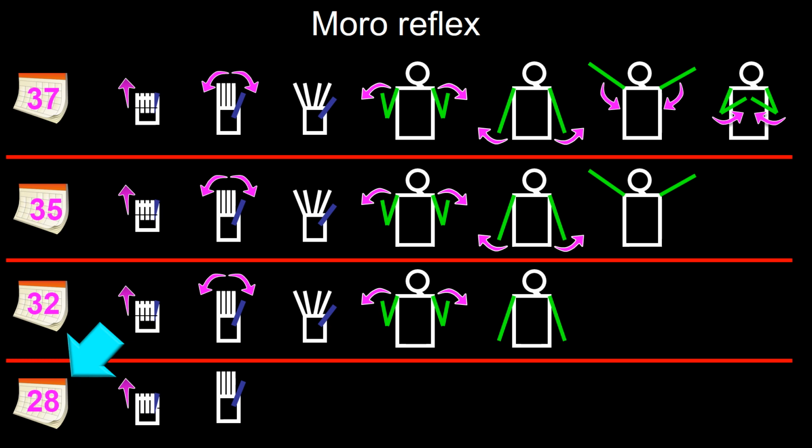At 28 weeks gestational age, it is confined to extension of the fingers. At 32 weeks, in addition to extension of the fingers, there is separation of the fingers and extension of the arms. At 35 weeks, in addition to the previous actions, the arms abduct. And at 37 weeks, the full Moro is present with a follow-up hugging-like motion.